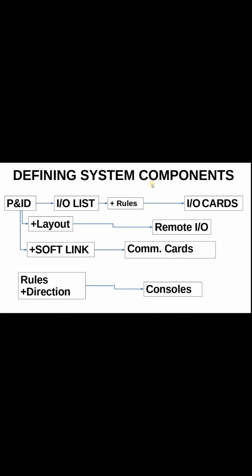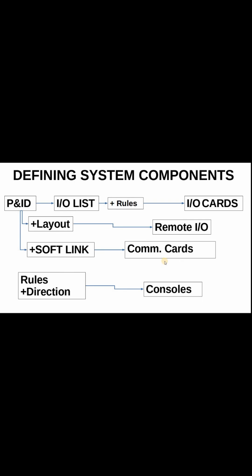Defining the system components, like the I/O cards, we will get from the I/O list. Then we can separate them based on some rules they give us. That will give us our I/O cards. Now we have the layout, and we know if we need some remote I/O. Then we look at how many subsystems are communicating with our PLC, like how many HMIs, how many CPUs, how many packages.